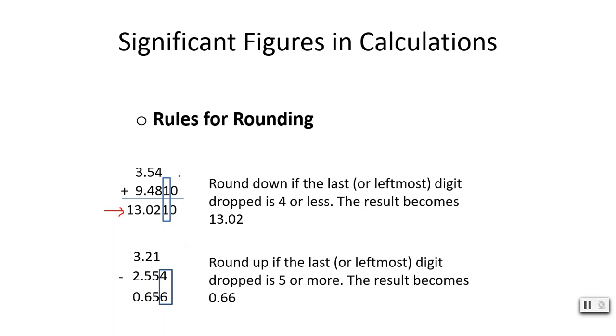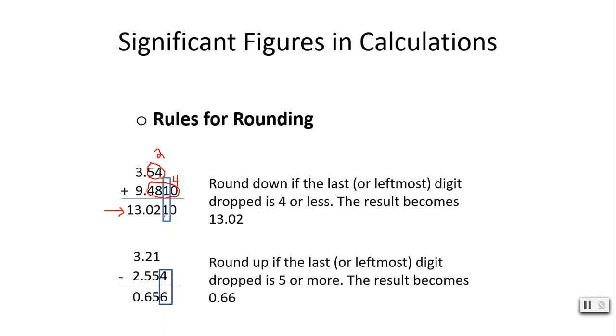But remember, that's the first part. Then you have to remember the rule for sig figs. Oh, I'm adding, so I care about the number of sig figs after the decimal. This has 2 sig figs after the decimal. This has 4. So my final answer can only have 2 sig figs after the decimal.